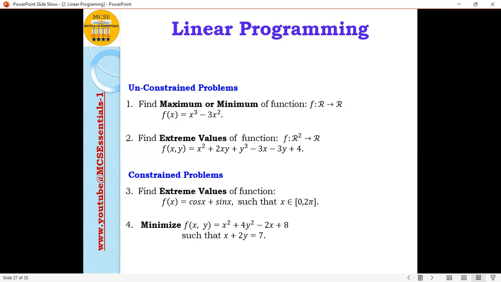The first two examples are those in which we were asked to find the maximum or minimum value and no additional condition was given to be satisfied by the variable or variables. And the third and fourth examples were constrained. In example 3 there was only one constraint, that x was bound to stay within 0 to 2 pi. And in example 4, the only constraint was that x plus 2y must be equal to 7. So these are examples of unconstrained problems and constrained problems.